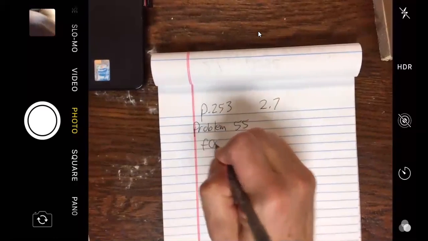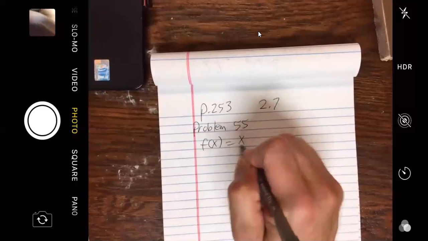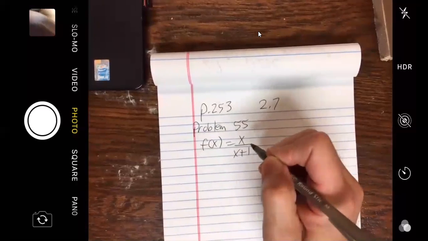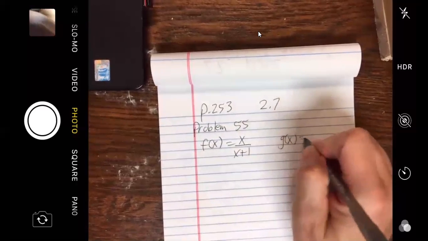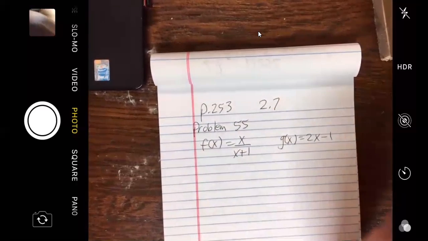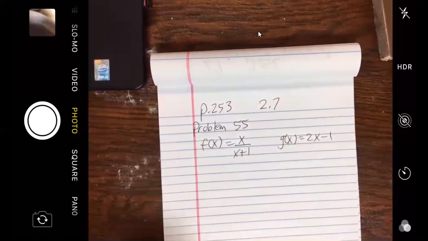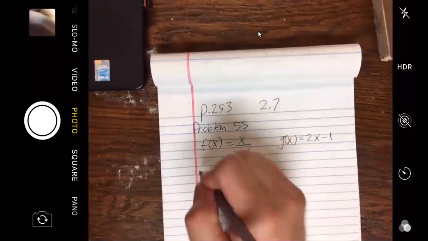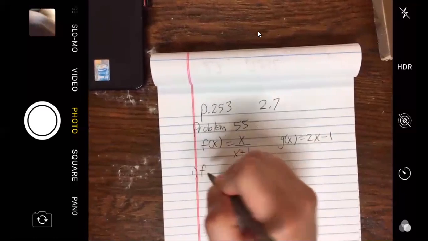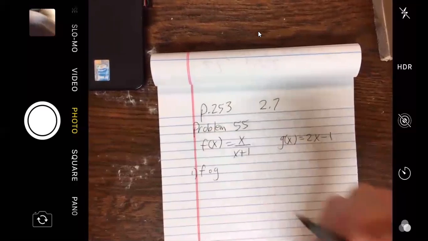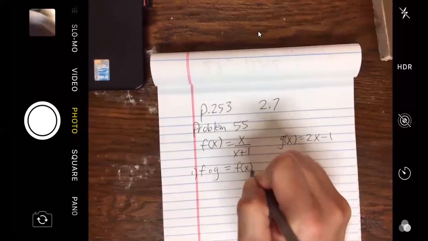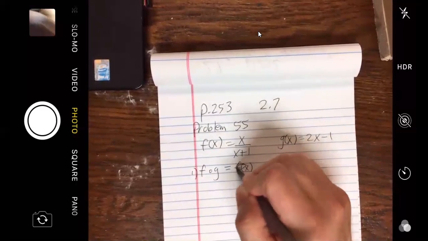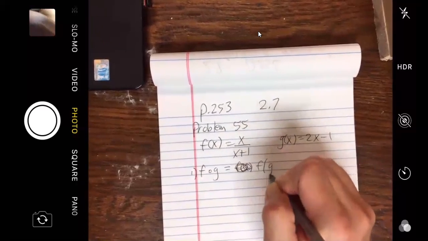All right, well, the f of x in 55 is x over x plus 1. The g of x is 2x minus 1. We can number them 1, 2, 3, and 4. They don't number them in the book. f composed with g. I'll write out all the steps. f of g of x.